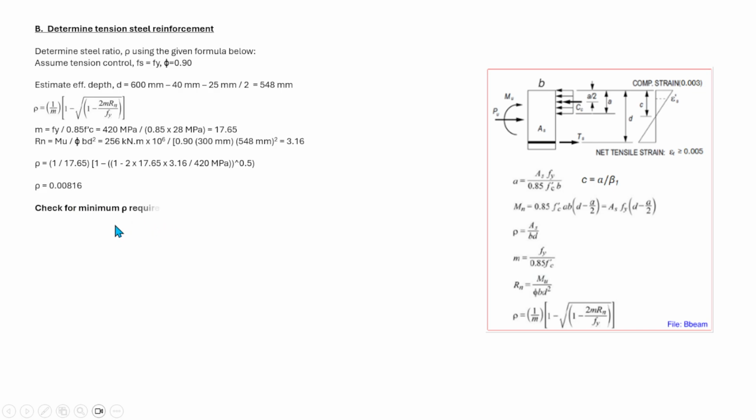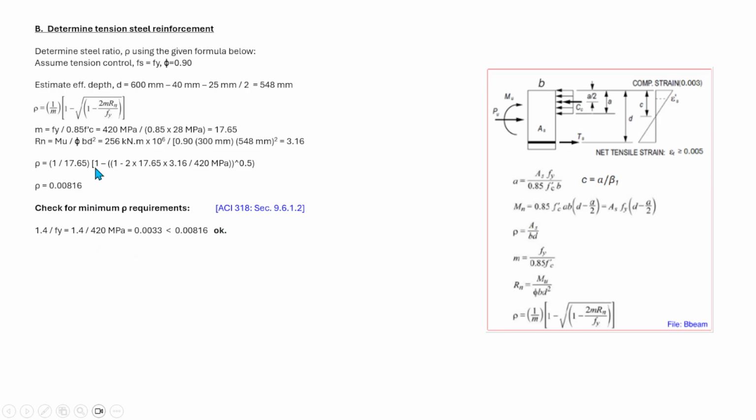Now, we will check this based on our minimum requirements as per ACI 318 section 9.6.1.2. So we have here 1.4 over Fy, and that is equal to 1.4 over 420 megapascal, which is equal to 0.0033, which is less than our actual steel ratio based on our calculation.